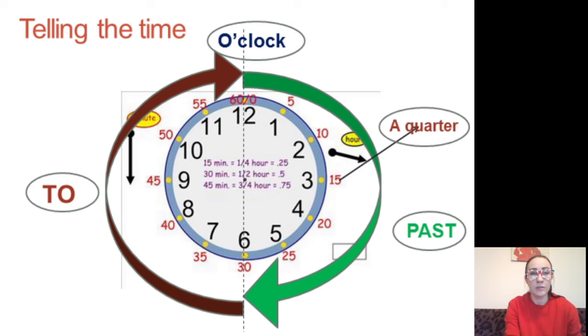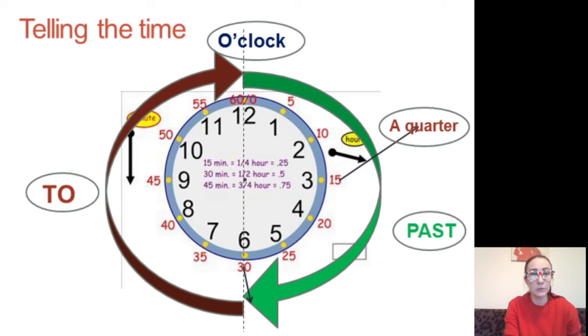Now, for 15 minutes, we have a word that is called a quarter. So, if we have 15 minutes past the first hour, the first half of the hour, we say a quarter past. If we have 15 minutes left towards the next hour, we say a quarter to.